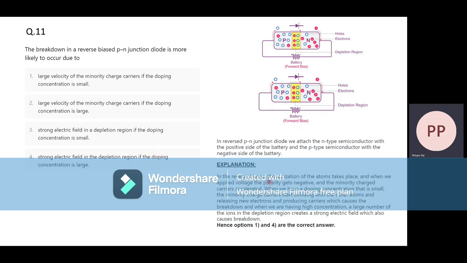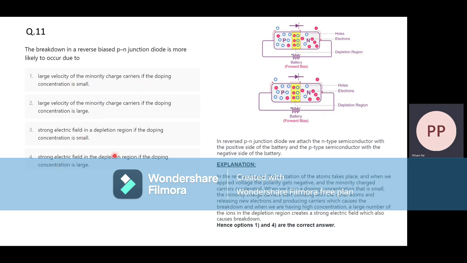So as per this explanation, only option one, which will occur due to the large velocity of the minority charge carrier if the doping concentration is small, and the fourth one, the strong electric field in the depletion region if the doping concentration is large, are correct.